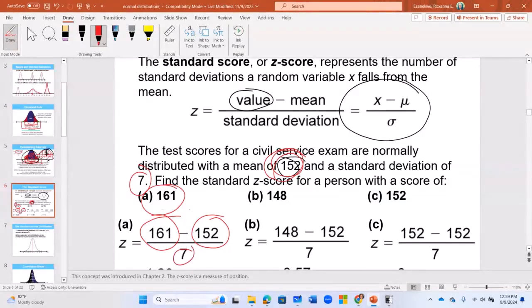So the person's score minus the mean divided by the standard deviation, and the answer you have is called the standardized score. So now, when you finish standardizing it, the numbers should be small.